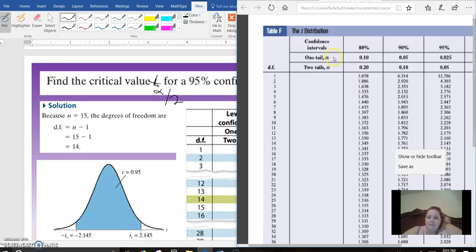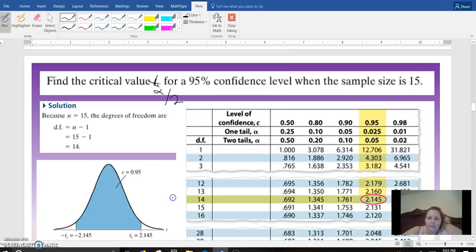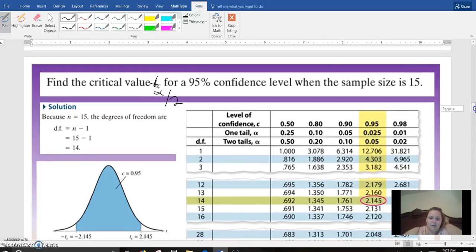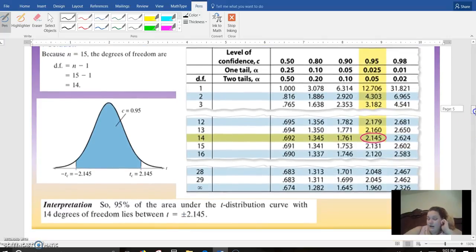Okay, in the next chapter, I'm going to show you how to use these two columns, but for right now, just stay here. And so right here is an example of what we just did, 2.145. Just find the degrees of freedom and where the level of confidence is, and that's your answer. So 95% of the area is going to be between negative 2.145, that t-score, and then 2.145, that t-score.